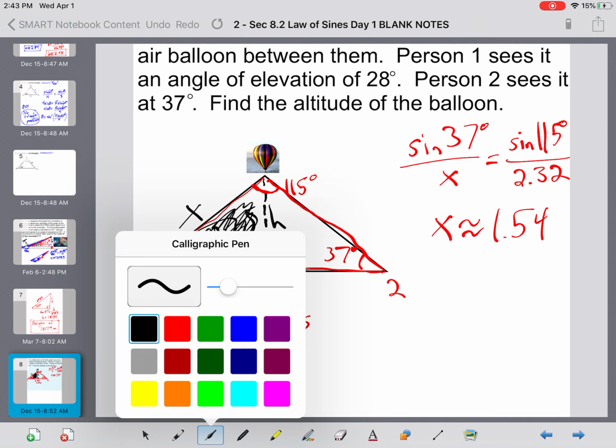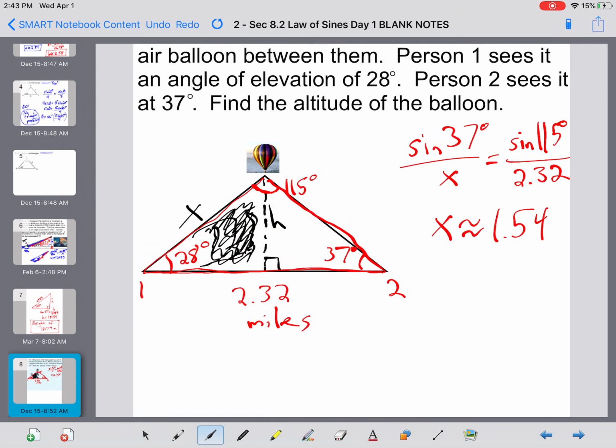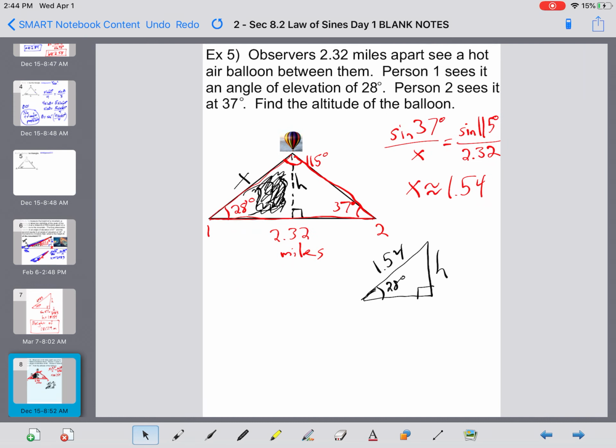And now I can come down here. Let's redraw it so you guys can see it better. I'm going to use that left side right triangle, right? I know that the hypotenuse here is 1.54. I know this angle is 28 degrees, and I'm looking for my height. No trick here, I don't have to add 2 meters on or anything. I just have to use sines or cosines or tangents.